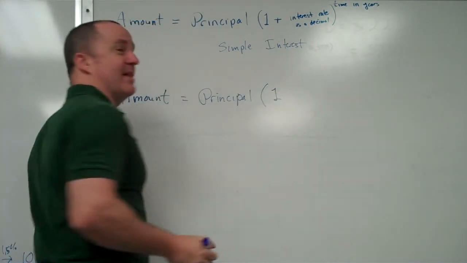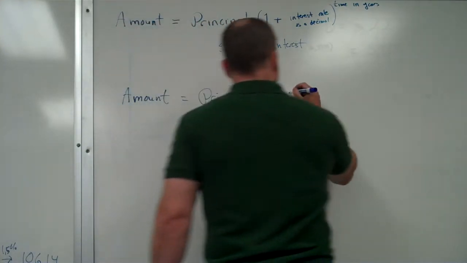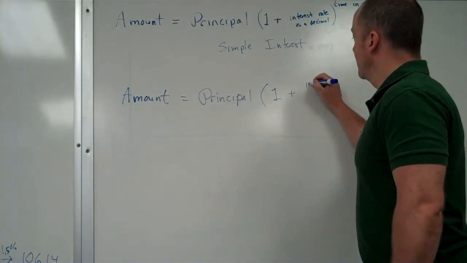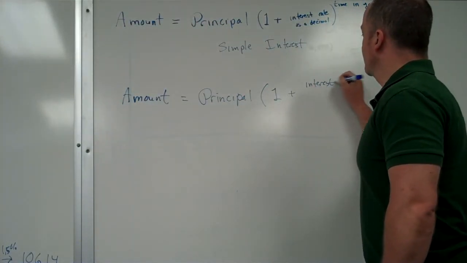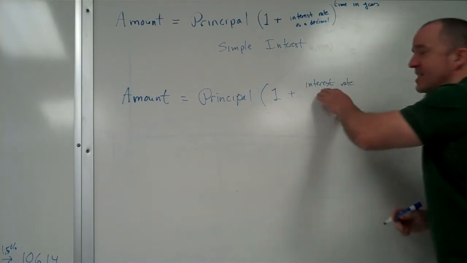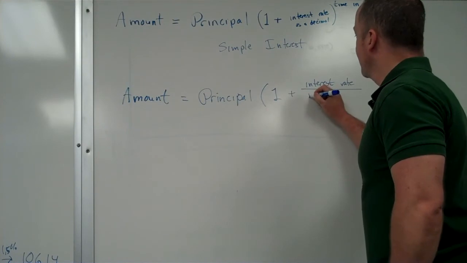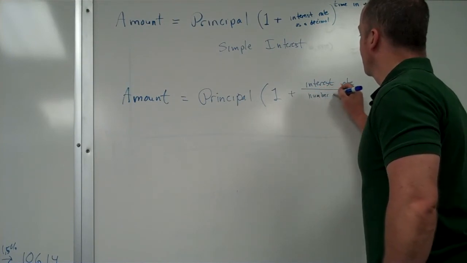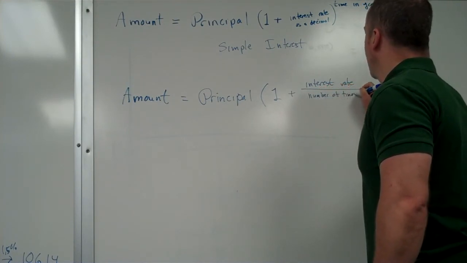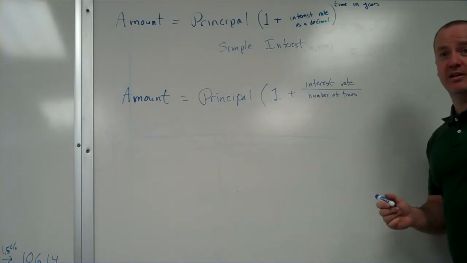You still get your money back, so that's the 1, plus your interest rate, this is still as a decimal, but I'm not going to write it because it's running out of room, over the number of times you compound it.